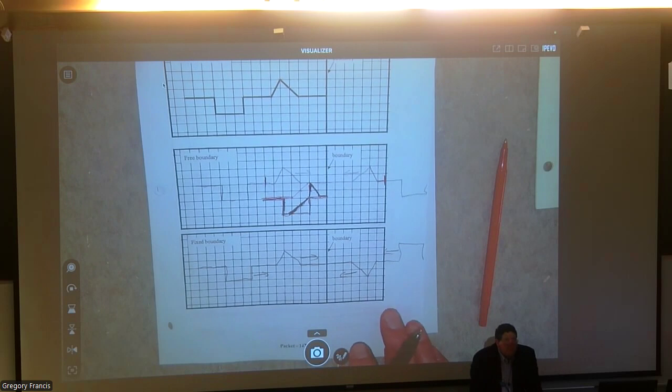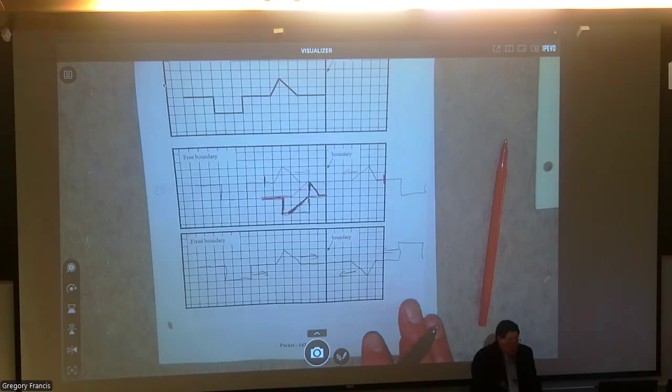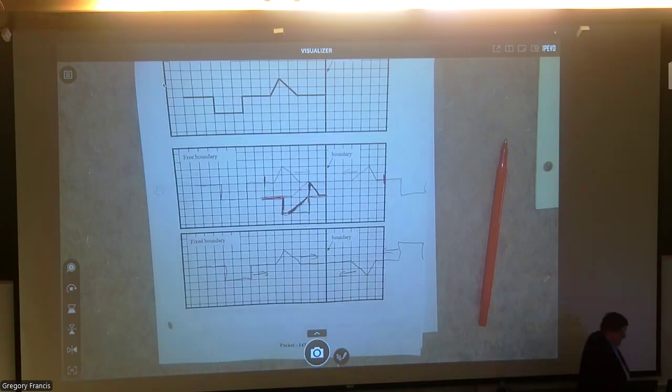Yes, sir. You said on those initial pulses, those little dividing lines, how do you know where to put those? How do I know where to put the dividing line?